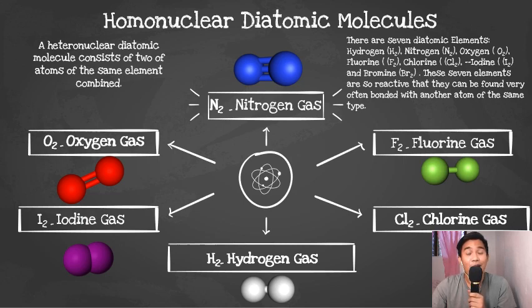As you can see on this slide, we have hydrogen gas, nitrogen gas, oxygen gas, fluorine gas, chlorine gas, iodine gas, and the last one is bromine gas. These seven elements are so reactive that they can be found very often bonded with another atom of the same type.